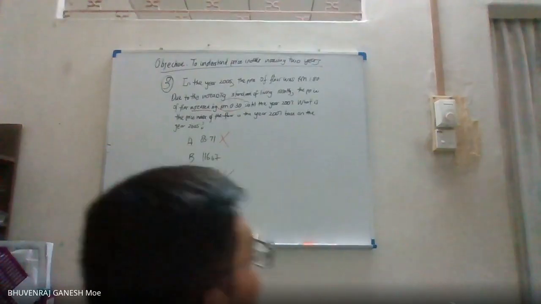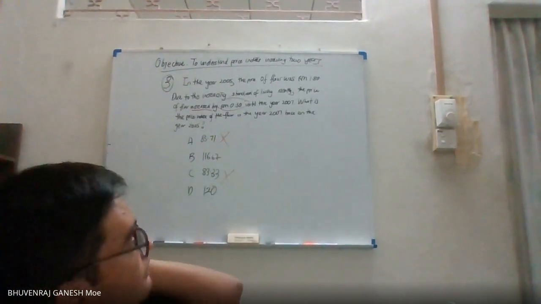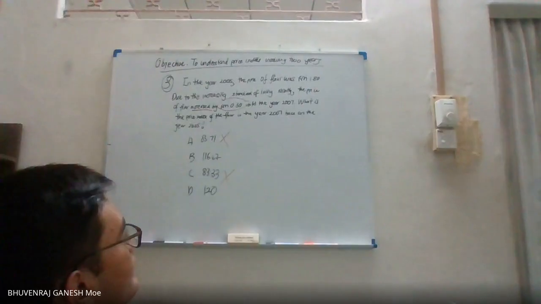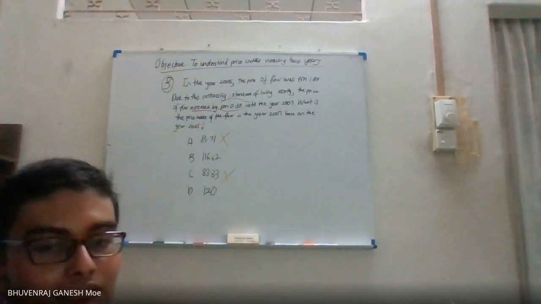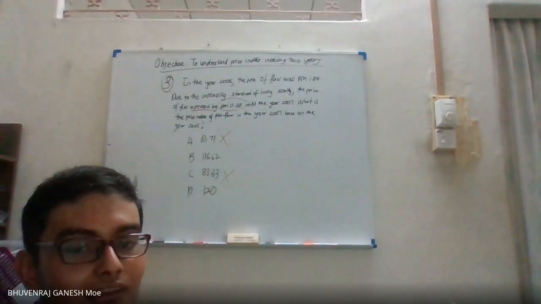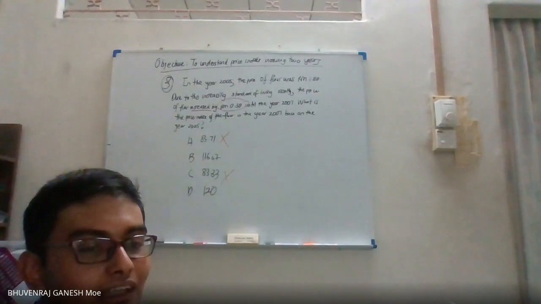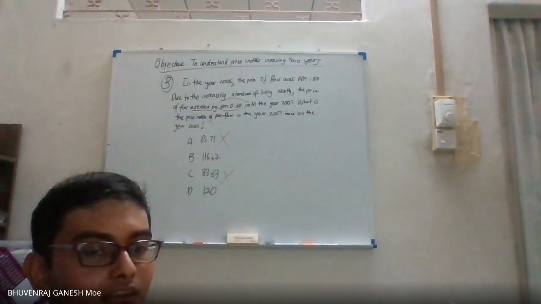It's 2007, you can already interpret it. You see, for 2005 they give 180, right? Then 2007 they say increase by 030. So what value do you get? 180 plus 030, so you get 210. Then you apply the price index formula.